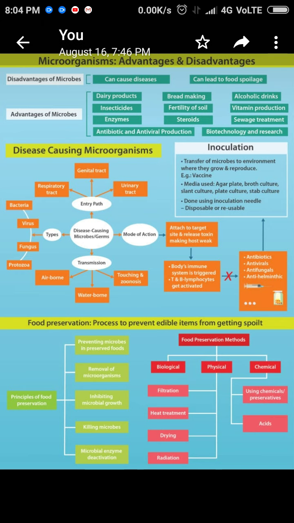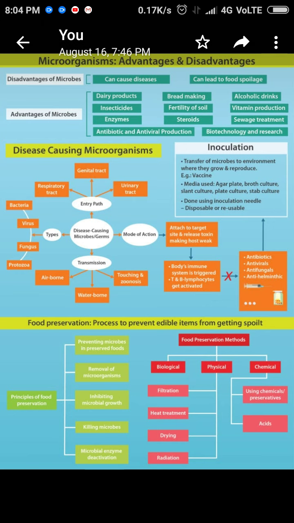We have COVID, which created a pandemic in 2020. And for waterborne, the example is malaria. Next is touching, and zoonosis is nothing but transmission through animals. So a microorganism can be transmitted through animals.